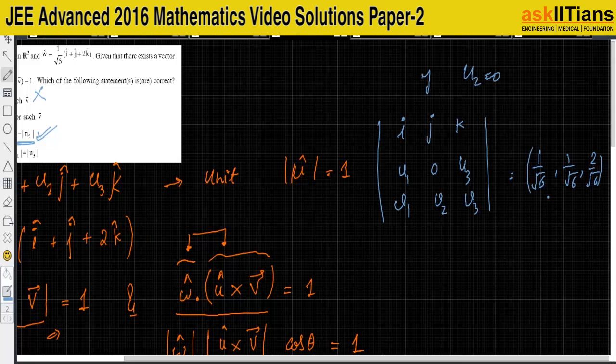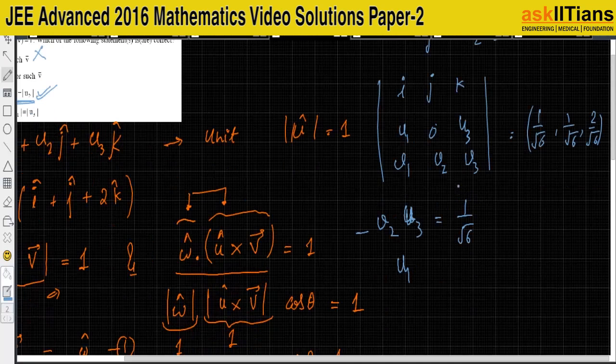So again I can compare. Let me just compare directly, right? With i cap I'll get minus v2, here there's 0, right? So minus v2 into u3 is equal to 1 by root 6, and with k cap I'll get u1 into v2, and this is equal to 2 by root 6.